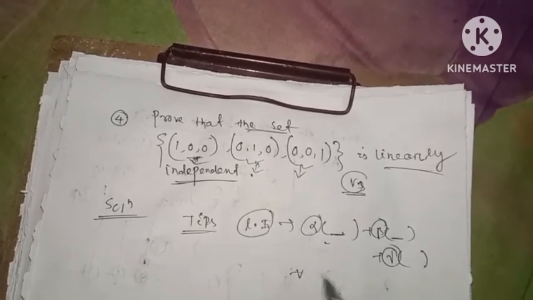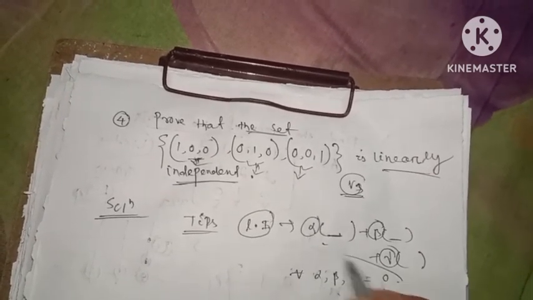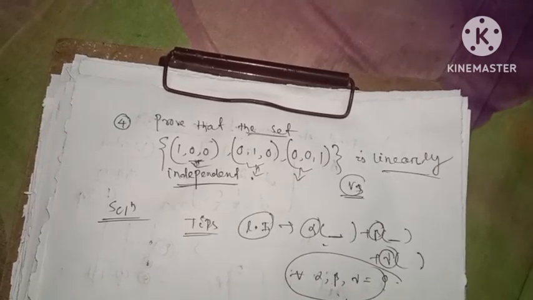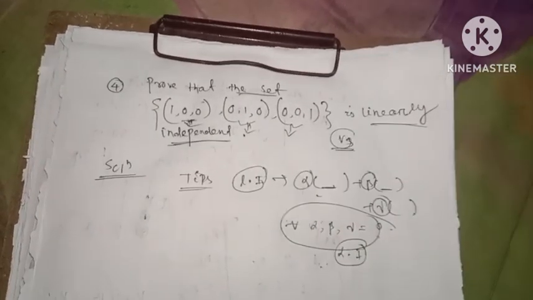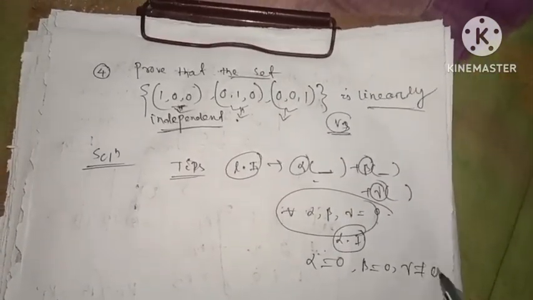When all the elements alpha, beta and gamma are 0, then it is said to be linearly independent. If alpha equal to 0, beta equal to 0 and gamma does not equal 0, it is linearly dependent.